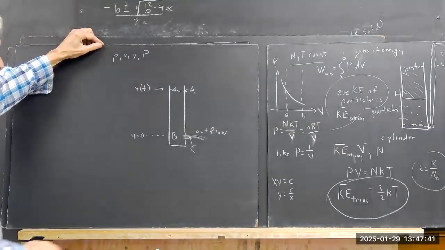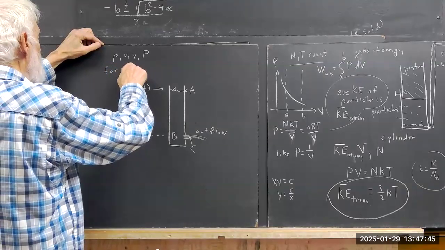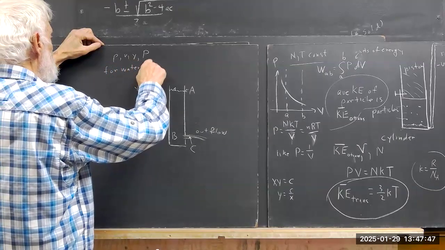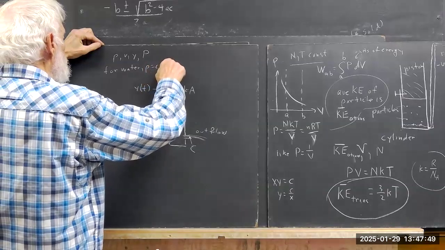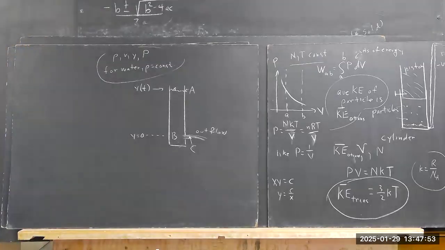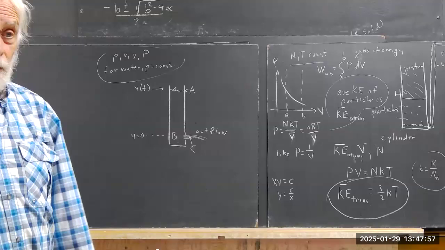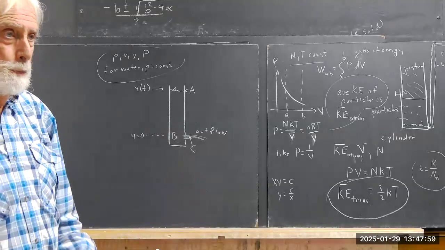Okay. Now, if this is water, rho is constant. Everything we do in this course, rho is constant. You get into the engineering field, you got to deal with a non-constant rho. You'll have a lot of fun with it.